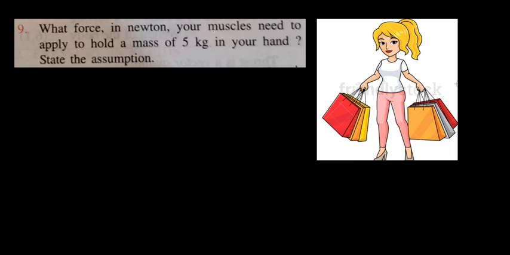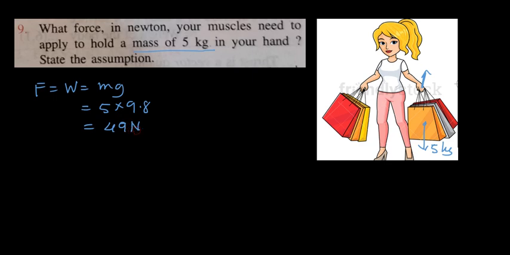Okay, so here the question says that you're holding a mass of 5 kg in your hand. Now let's assume only one hand at a time. So over here this is a 5 kg bag, and therefore the force that the muscle needs to apply should be equivalent to the force with which these bags are pulled down, and that force, or the weight of the bag, is m into g, so that is 5 into 9.8, that will be 49 Newton.